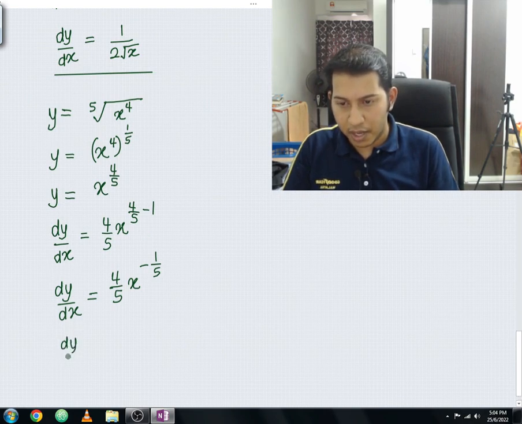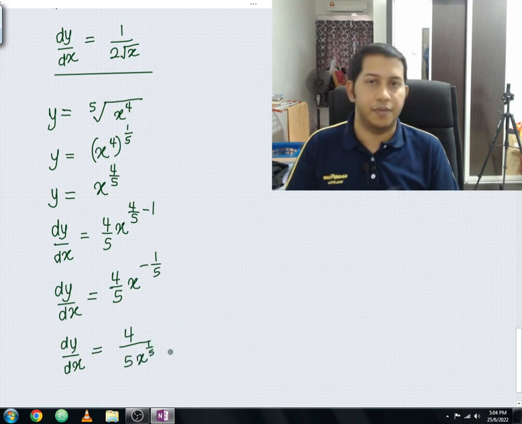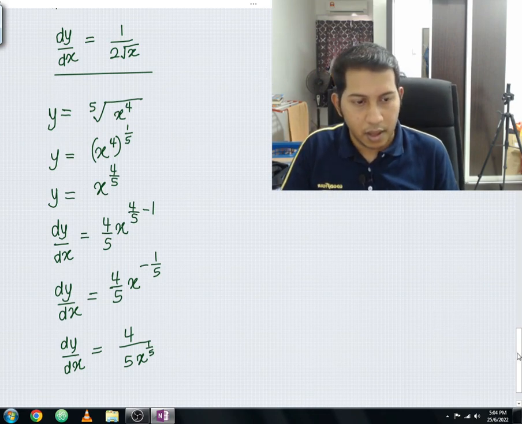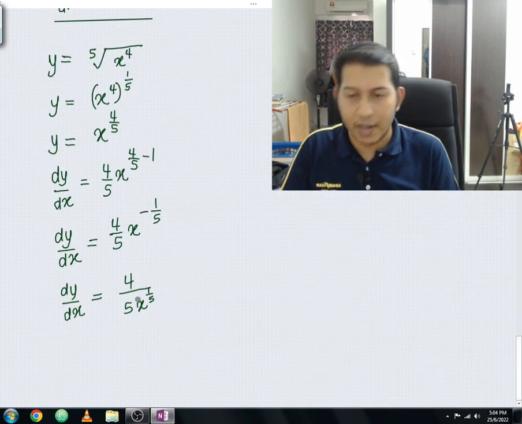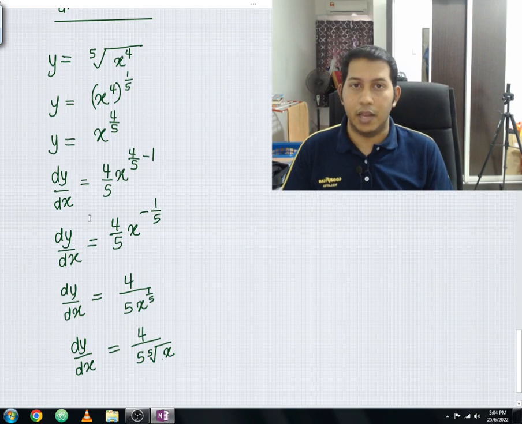So from here your dy/dx is equals to 4 over 5 x to the power of 1 over 5. You can leave your answer in this way, or if you want to write in the root form also can. 4 over 5 fifth root of x also can.